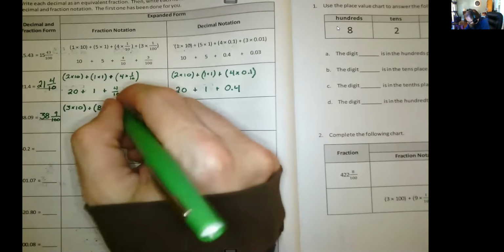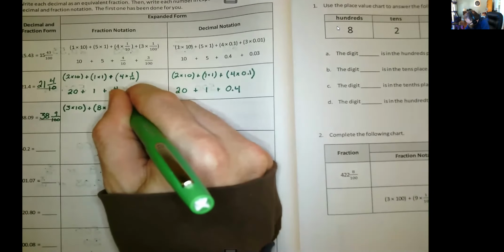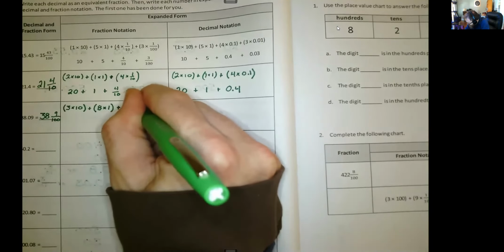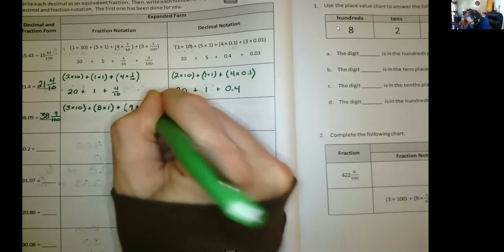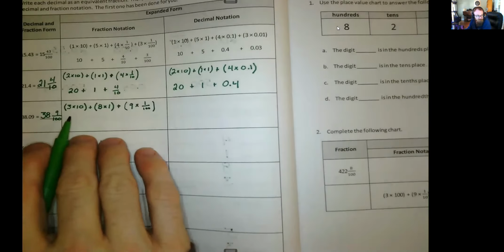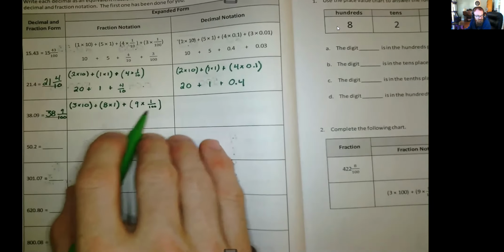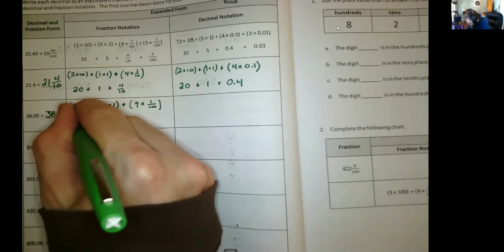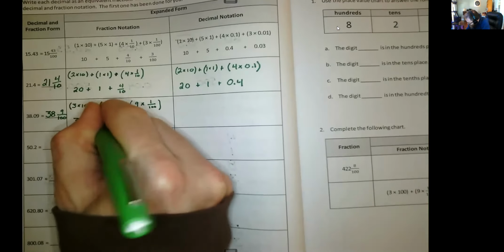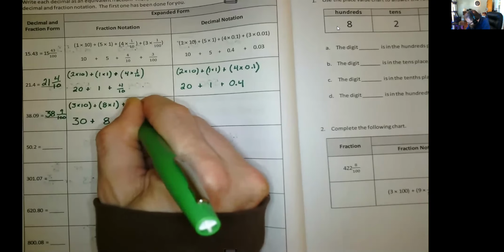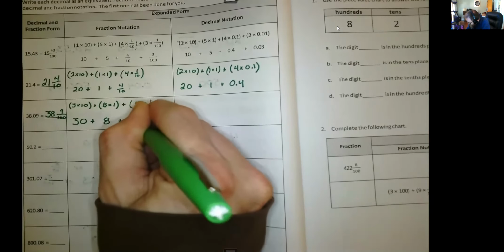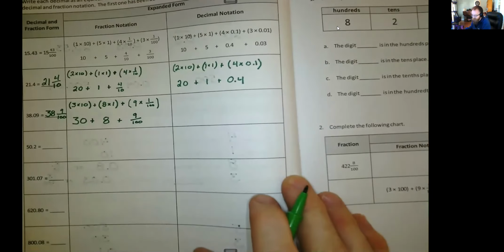There's 9 hundredths. So we're going to show in expanded form 9 times 1/100th. When we solve within the parentheses, this number sentence becomes 30 plus 8 plus 9 hundredths.